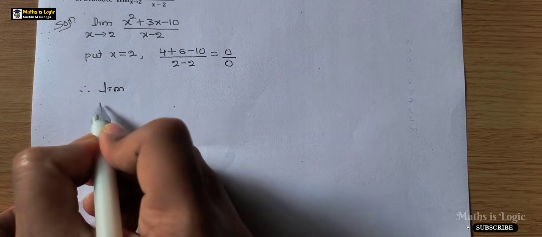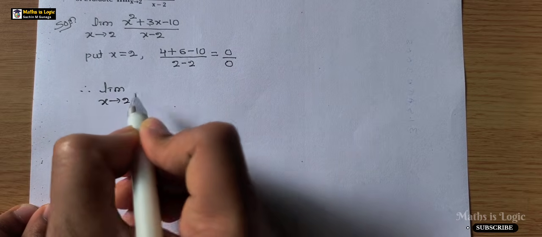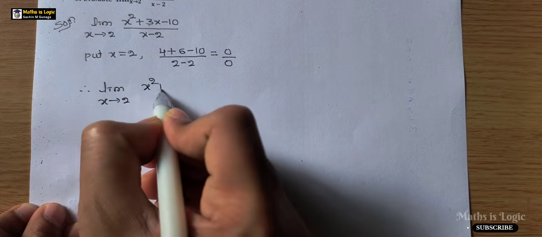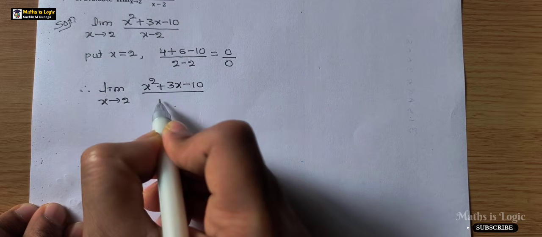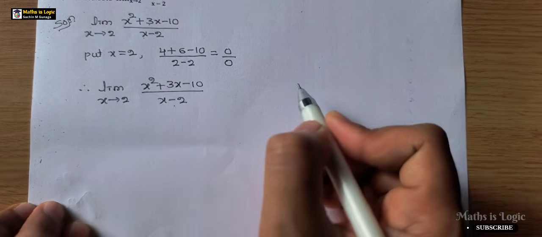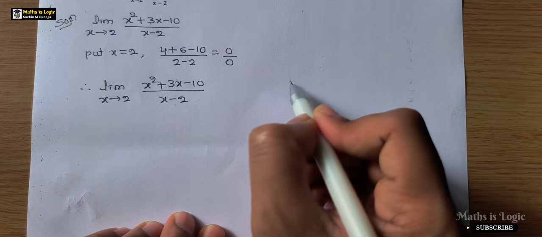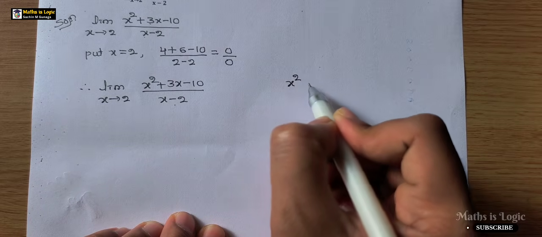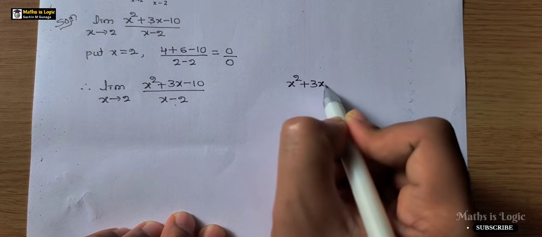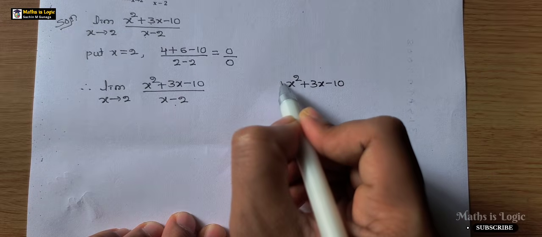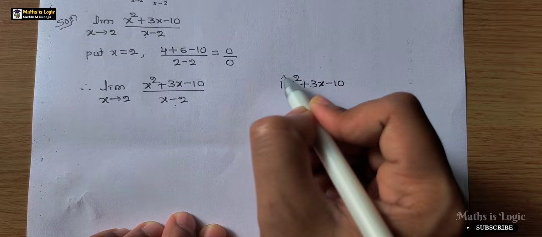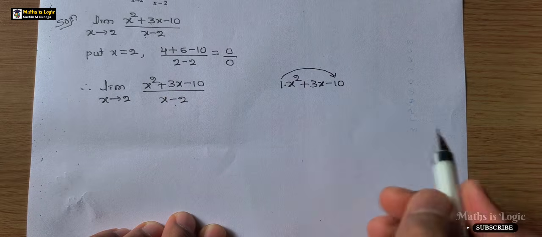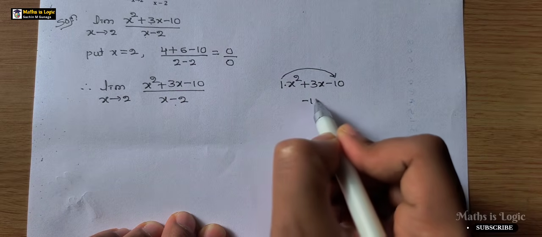Limit x approaches 2, x square plus 3x minus 10 divided by x minus 2. So numerator x square plus 3x minus 10. The x square coefficient, nothing means 1, multiply 1 into minus 10 first. So 1 into minus 10 is minus 10.